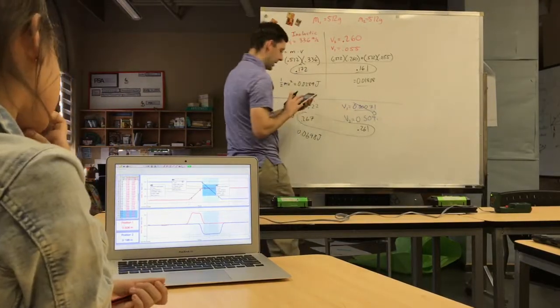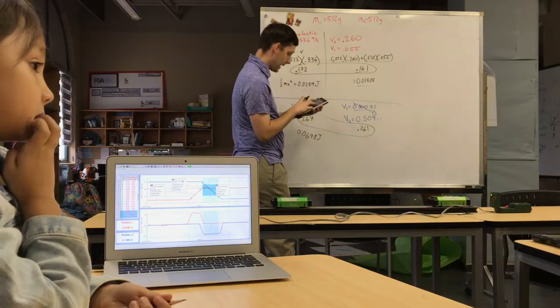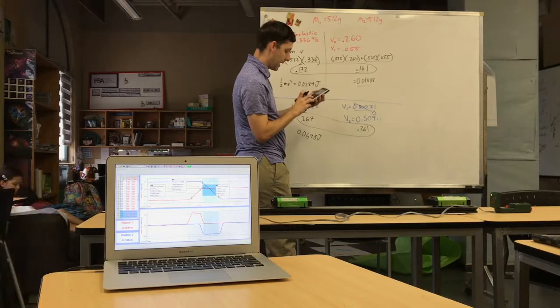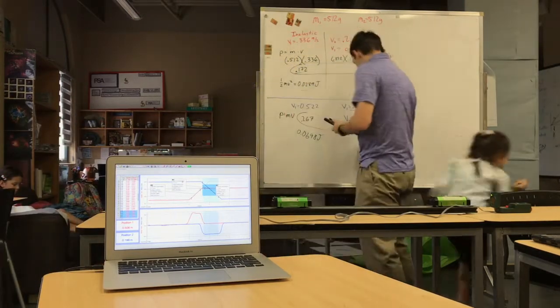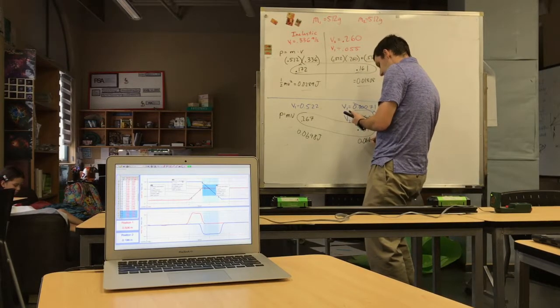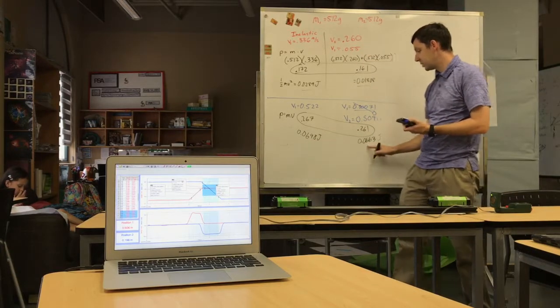The kinetic energy afterwards is almost the same thing, except I'm going to have 0.5 times 0.512 times 0.509, and that's going to give me 0.0663. And again, what do you see about these kinetic energies?